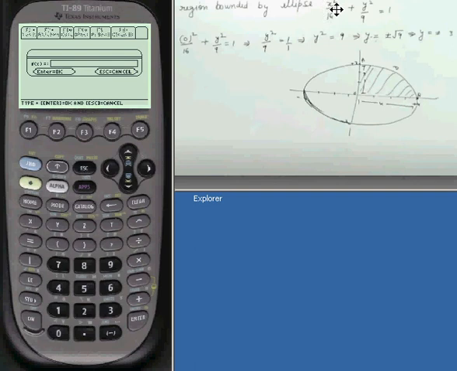So I have to put each one in separately. You press the alpha button first and then enter these. So it's alpha x squared divided by 16.